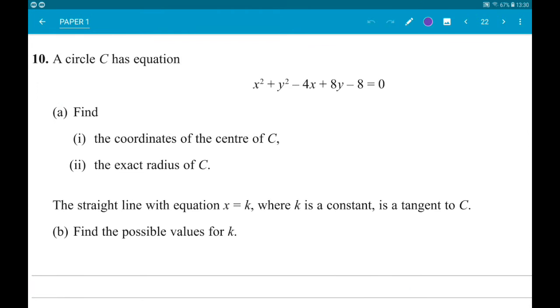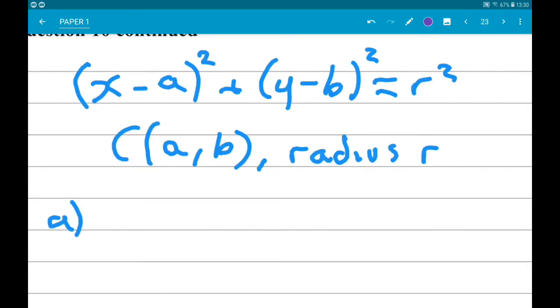Okay, number 10, a circle has equation x squared add y squared minus 4x add 8y minus 8 equals 0. Part A wants the centre coordinates and the radius. So to do that, we need to write this equation in this form. So we need to complete the square twice.